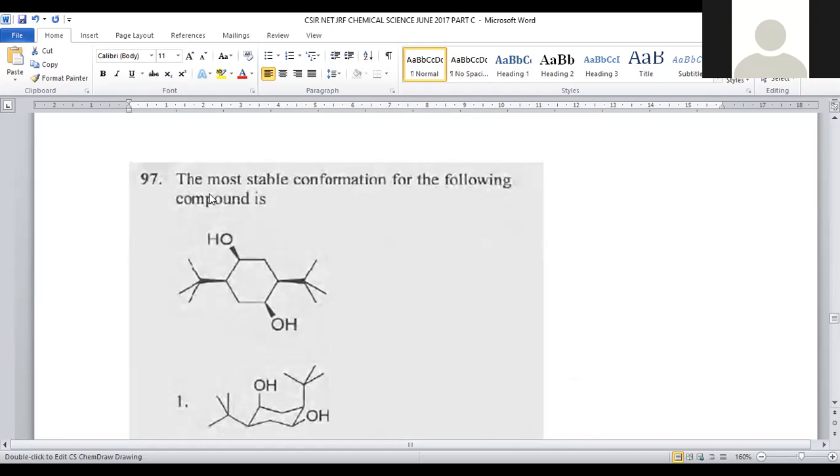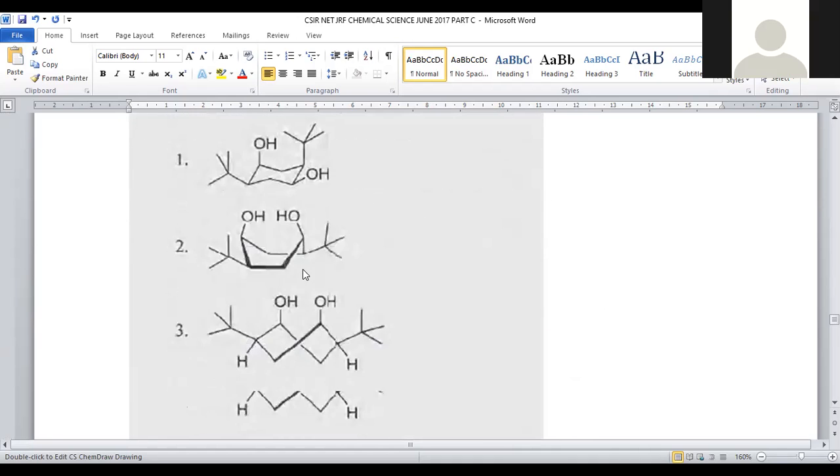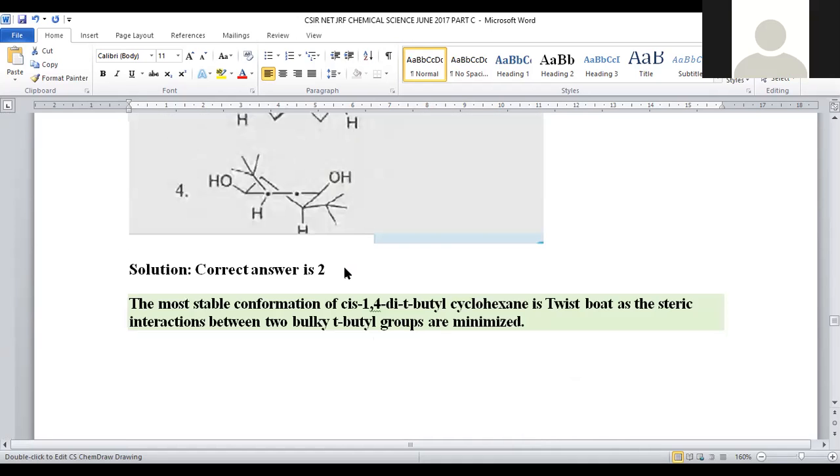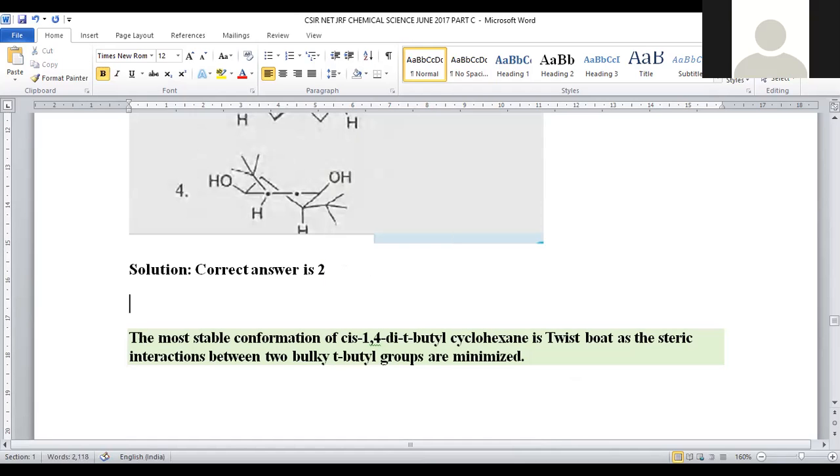Question number 97. The most stable conformation for the following compound is, okay. So whenever a cyclohexane system is taken, how many kinds of conformations are possible?